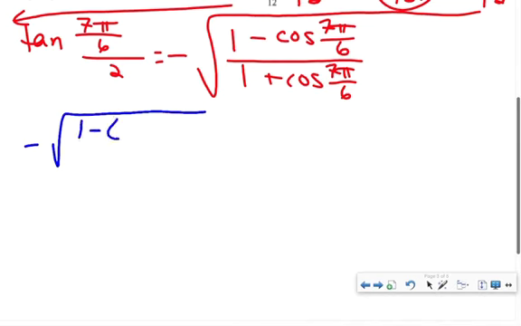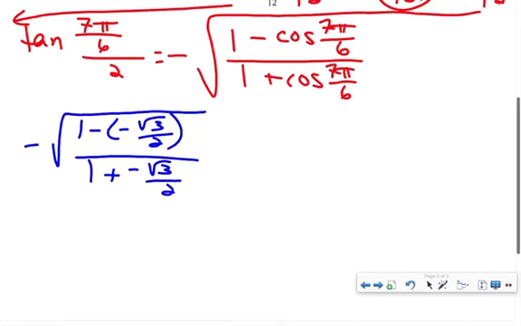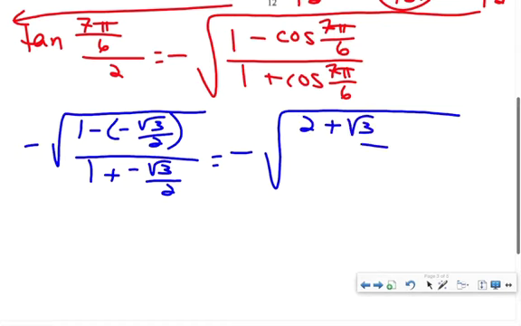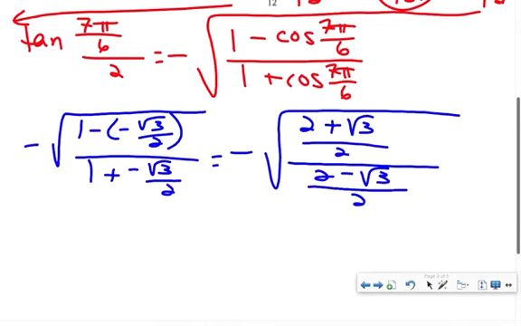So I have negative square root of 1 minus negative radical 3 over 2 over 1 plus negative radical 3 over 2. So I get a common denominator in my numerator and denominator, and I'm going to rewrite this as negative, big gnarly ugly square root, 2 plus radical 3 over 2 over 2 minus radical 3 over 2.